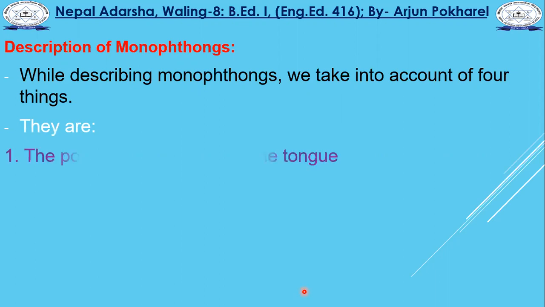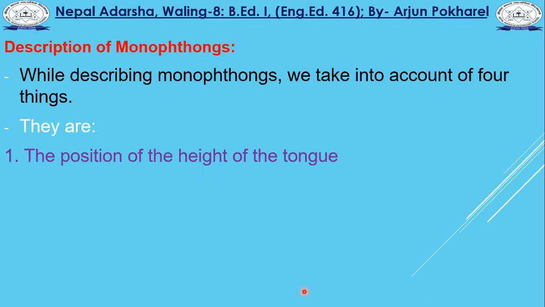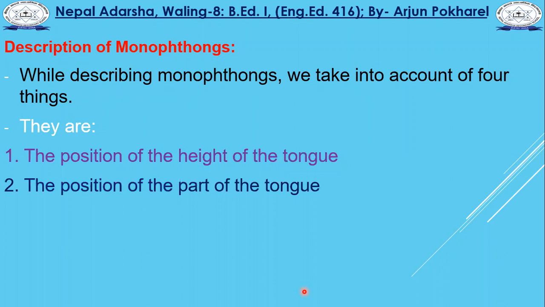The first one is the position of the height of the tongue. The second one is the position of the part of the tongue. How high or how low, or where in the oral tract, the height of the tongue is.